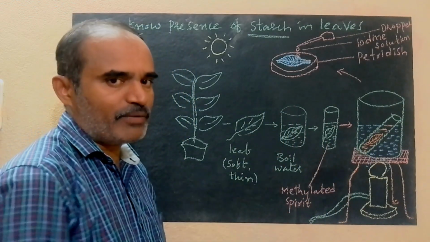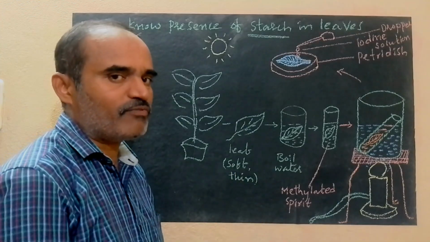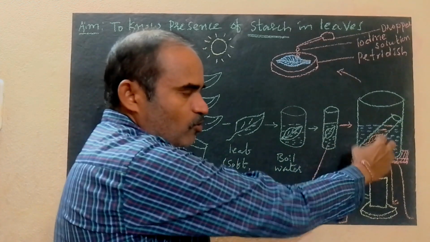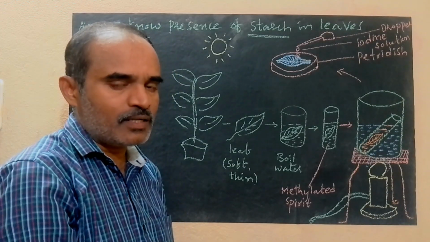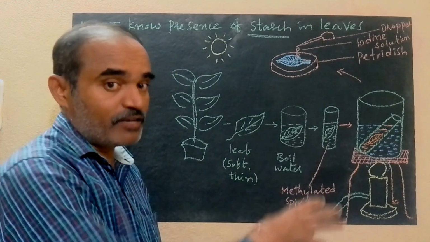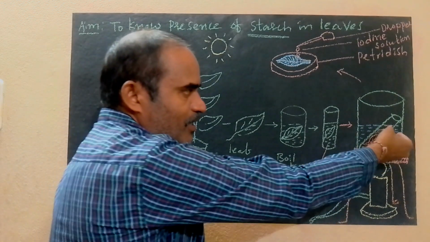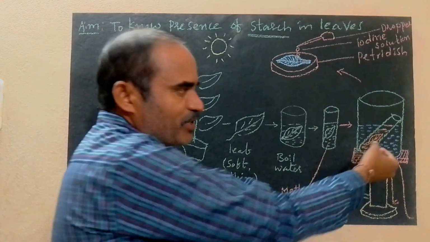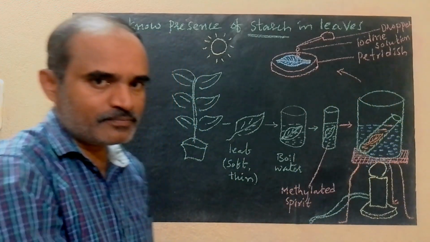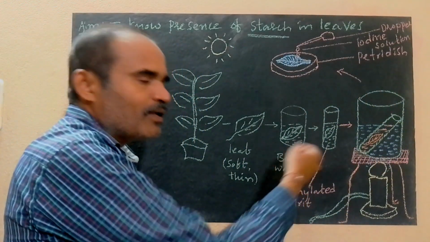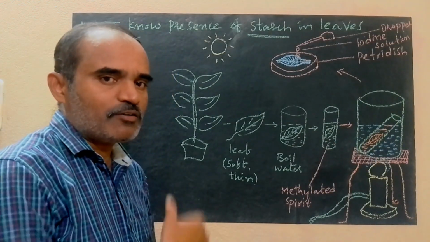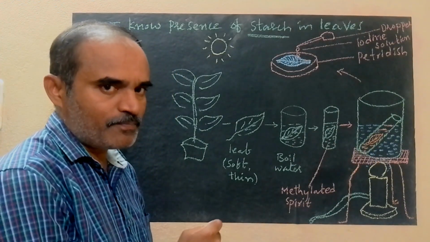After 5 minutes of boiling in the methylated spirit, the chlorophyll pigments will be removed from the leaf. Collect the boiling tube containing methylated spirit from the water bath, and collect the leaf from the methylated spirit with the help of forceps.